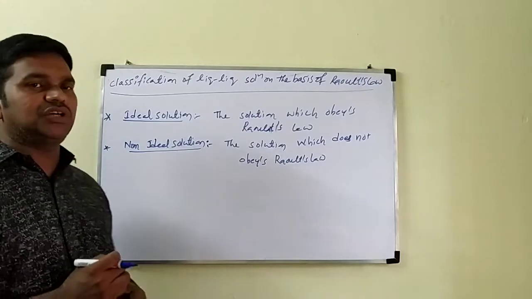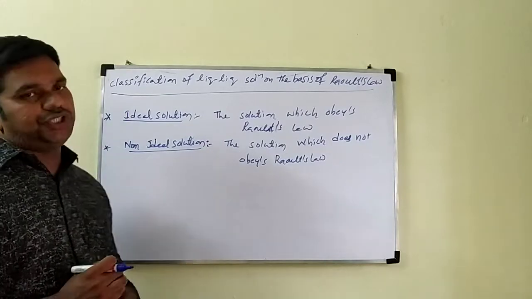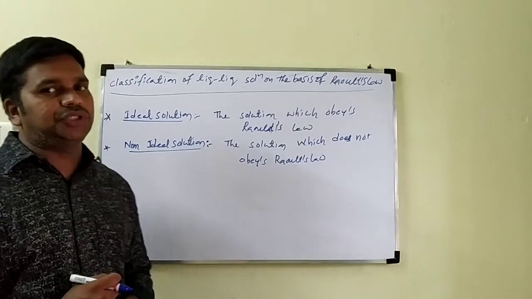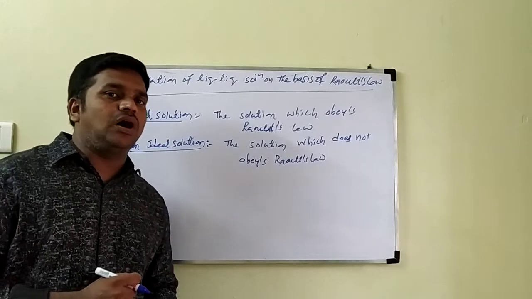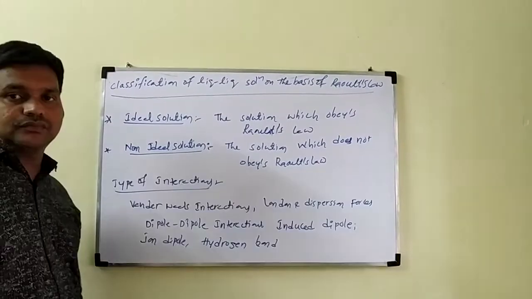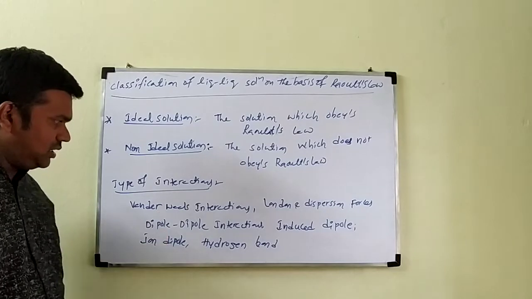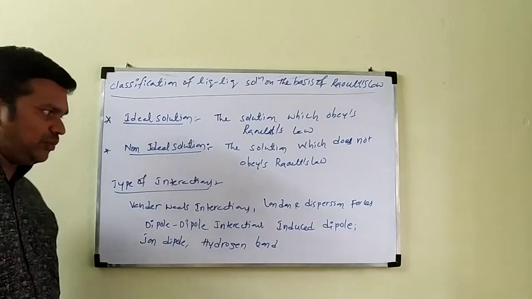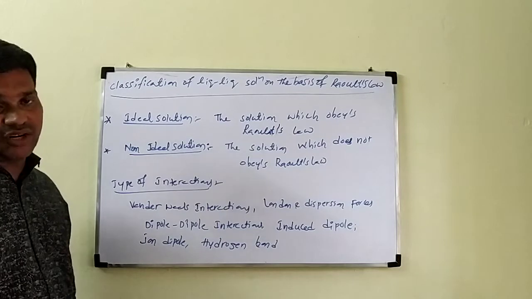Simply, what is the definition of an ideal solution? The solution which obeys Raoult's law is called an ideal solution. The solution which does not obey Raoult's law is called a non-ideal solution. It mainly depends on interactions or attractions: van der Waals interactions, London dispersion forces, dipole-dipole interactions, induced dipole interactions, ion-dipole interactions, and hydrogen bonded forces.